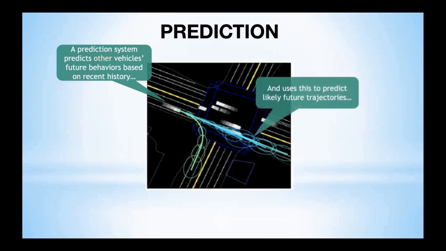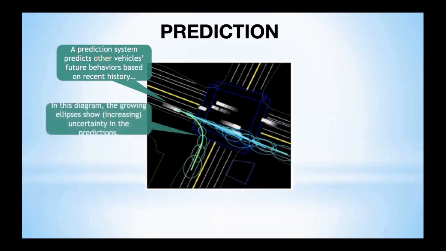And then these over here are used to predict the likely future trajectories, right? And these ellipses are used to show uncertainty in predictions. So the larger the ellipse becomes, the more uncertainty there is.